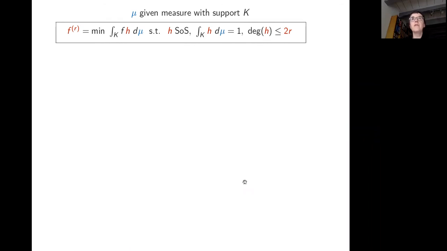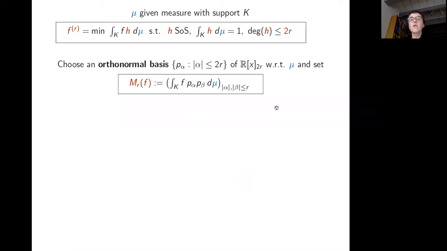This eigenvalue reformulation is true in general for any multivariate K. So the key is, let's pick an orthonormal basis of the space of polynomials, orthonormal with respect to the measure we have fixed ourselves. This is this fixed measure mu that we take on the set K. And let's define this matrix whose entries are what's given here, the integral of f p_alpha p_beta.